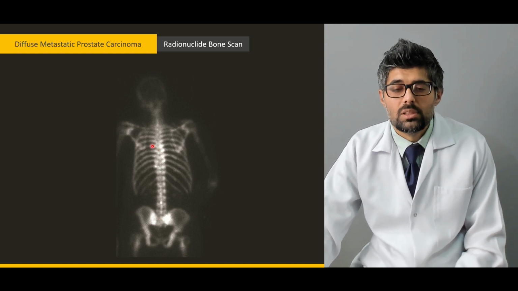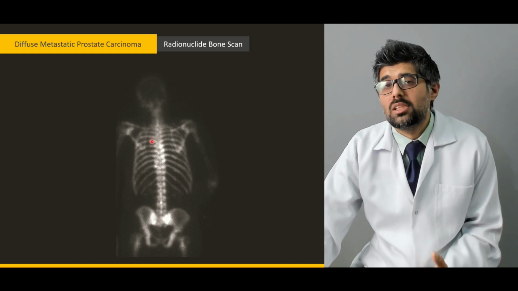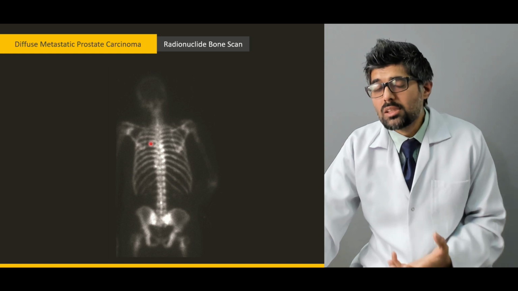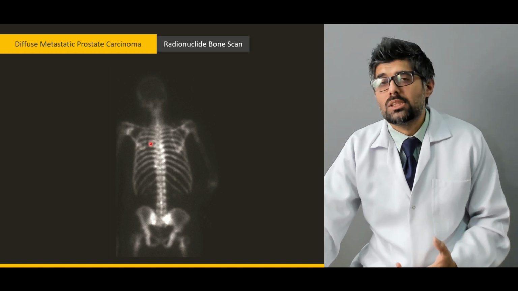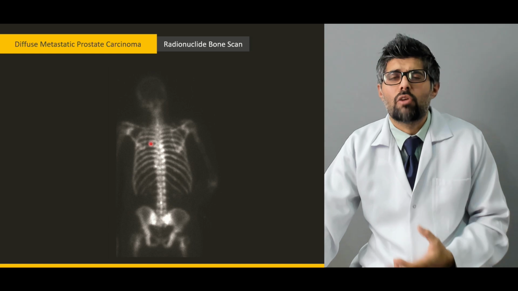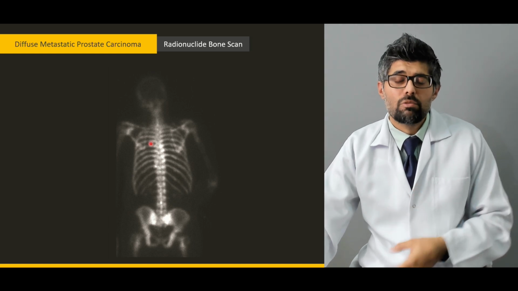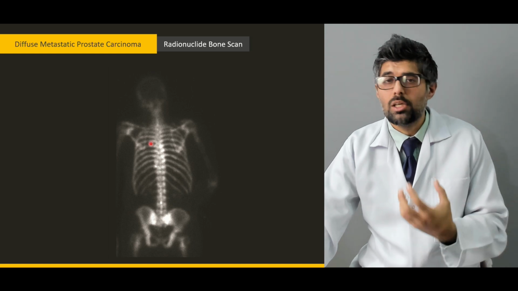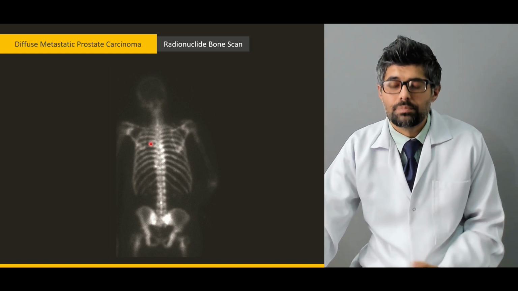So this person has bone metastasis but of the diffuse kind. And this kind of diffuse bone metastasis can take up to 5 years to have some kind of focal appearance on the PET scan or the radionuclide scan.